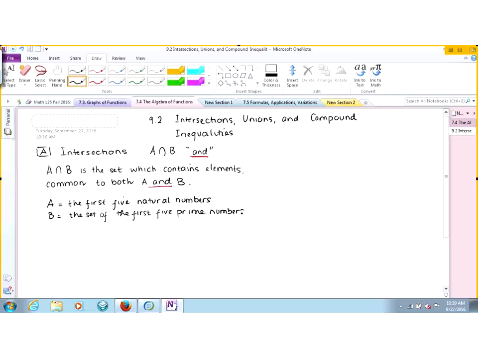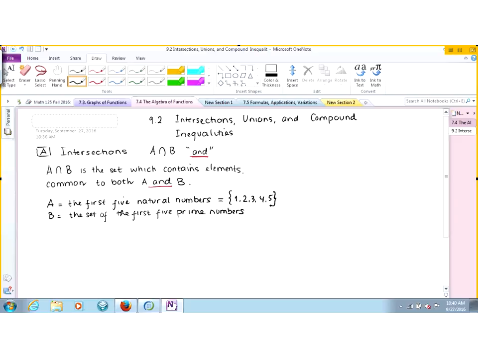So what are the natural numbers? What numbers are natural? How do you count? 1, 2, 3. Yes, 1, 2, 3, 4, 5. How about 0? Oh, we talked about this, didn't we?